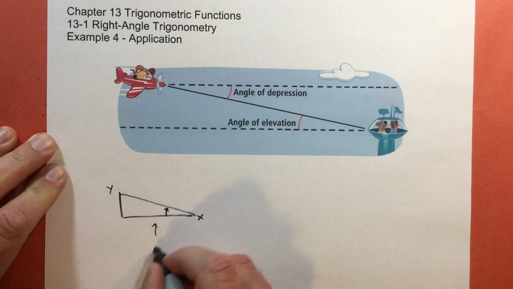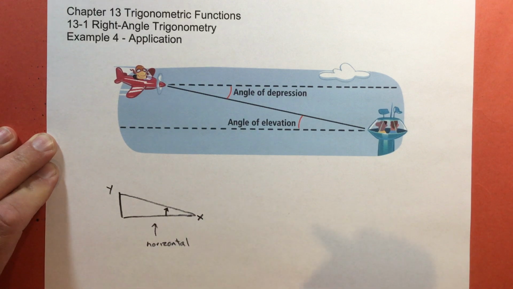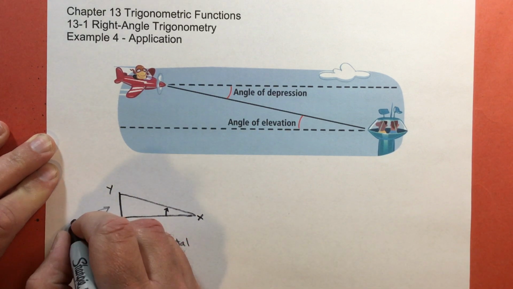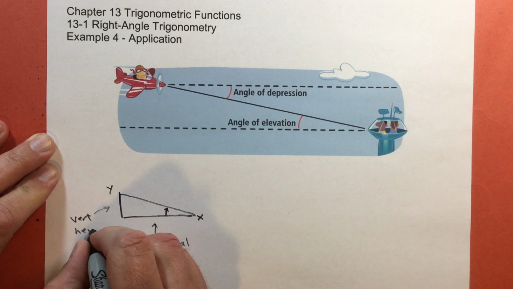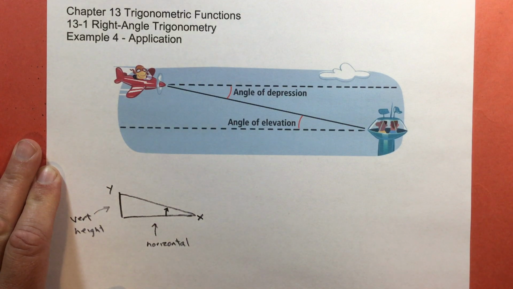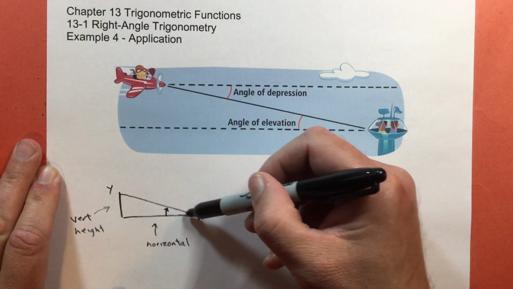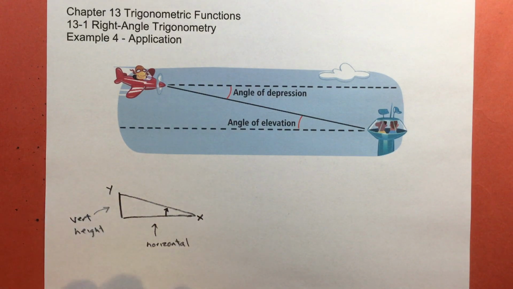This would be the horizontal distance, and this would be the vertical distance, also known as the height of whatever object you're looking up at. This straight line distance is not going to show up in these problems, but it'll show up later.